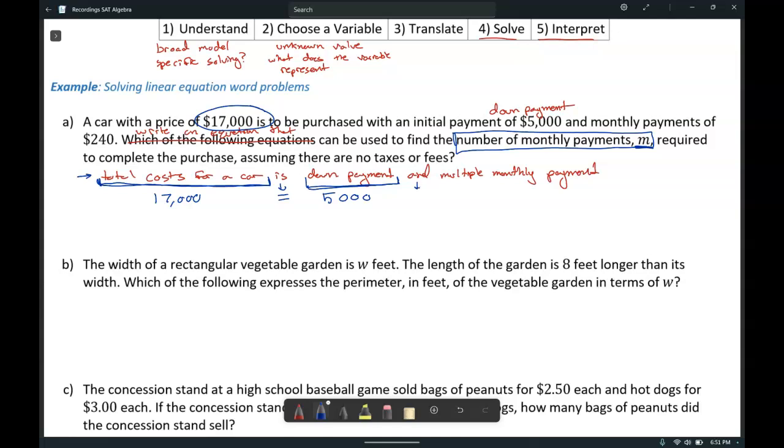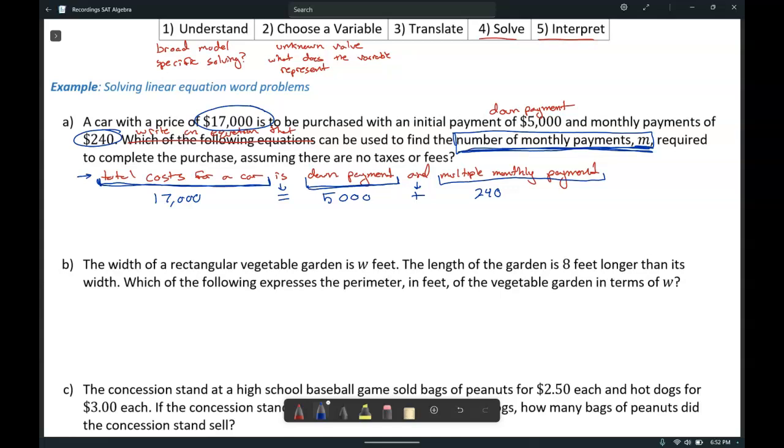So $17,000 is equal to $5,000. And "and" is another expression that often means sum or plus. Then we have multiple monthly payments. We know that the monthly payments are going to be $240 each, and we don't know how many monthly payments there'll be, but that's where our variable comes into play.